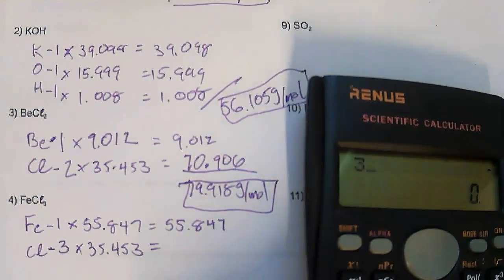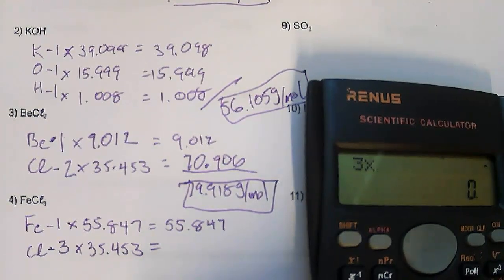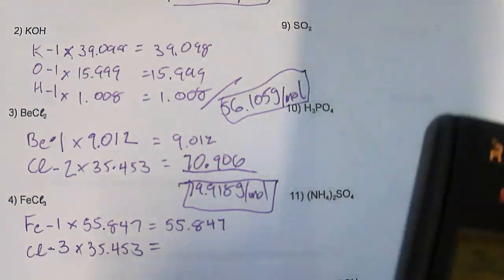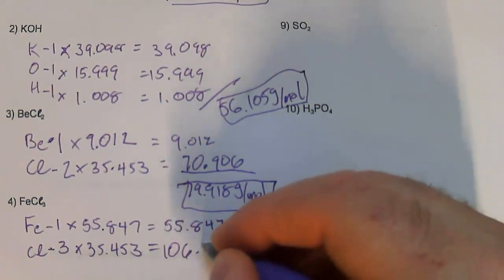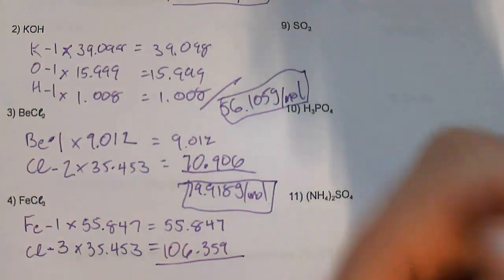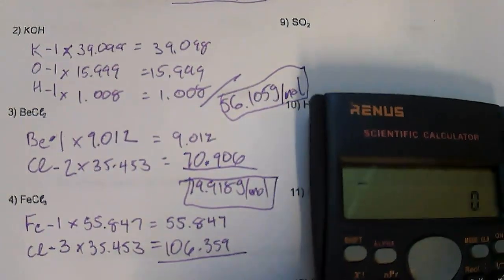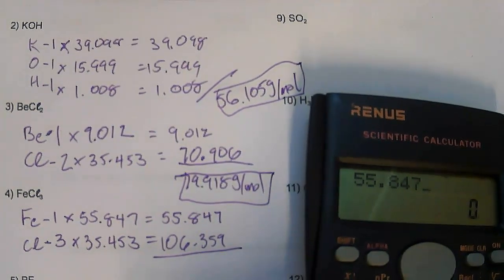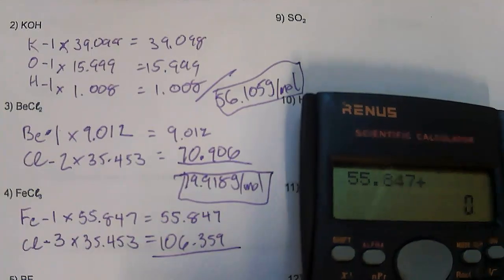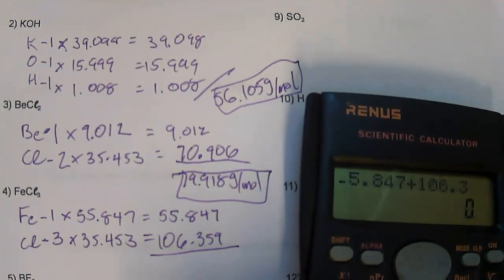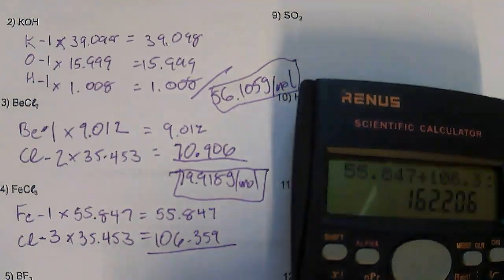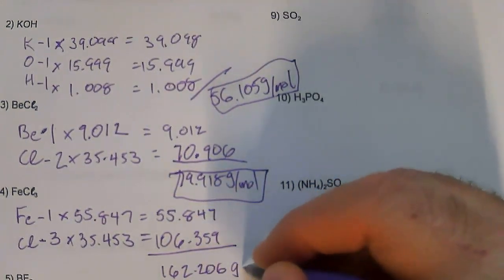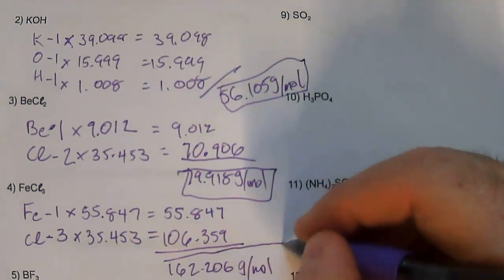So I'll do 3 times 35.453. I got 106.359. Now I add these up. 55.847 plus 106.359. I get 162.206. 162.206 grams per mole.